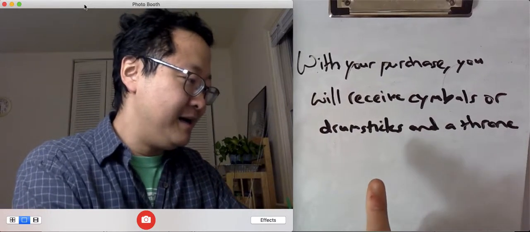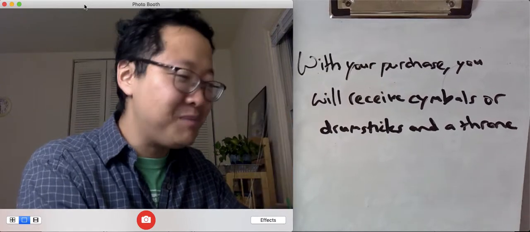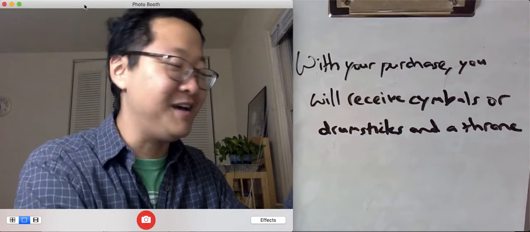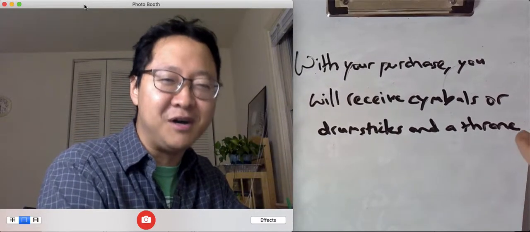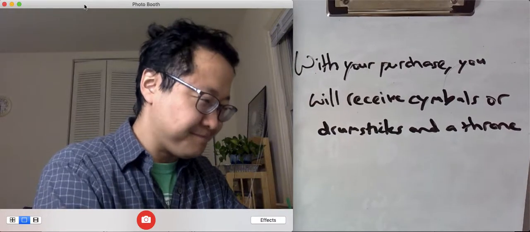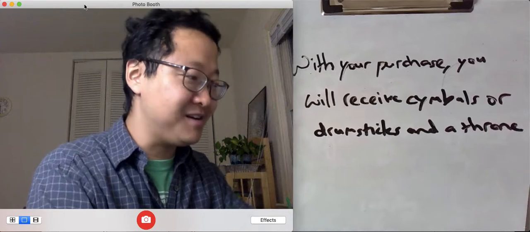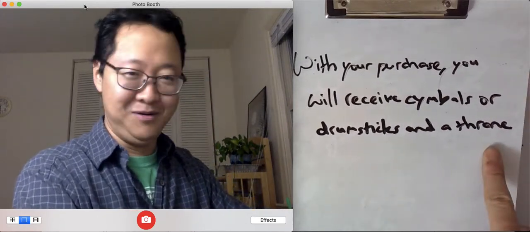Now, I remember interpreting this a certain way, and then what I actually got was different from what I thought I would get. So, can you kind of see how this sentence can be read in multiple ways? One way, with your purchase, you will receive either cymbals or drumsticks and a throne.